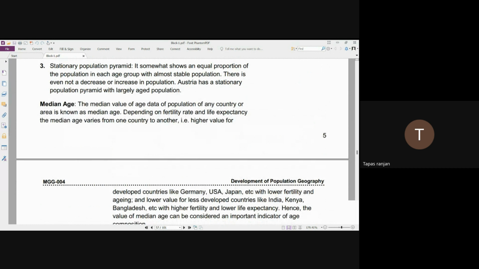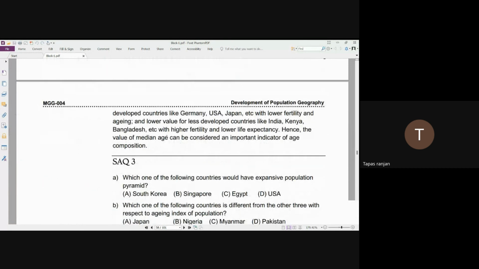So why is it important? Because if the median age is very high, then what will happen? That means a lot of older age population are present in that country. So the future development will be very less as compared to others.